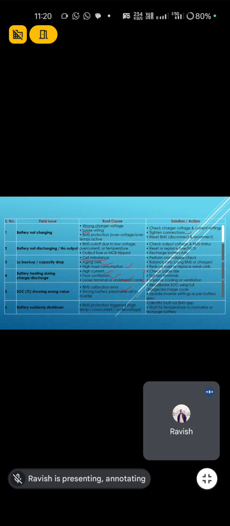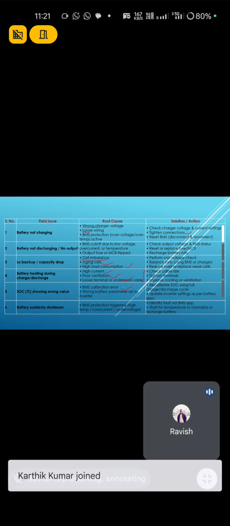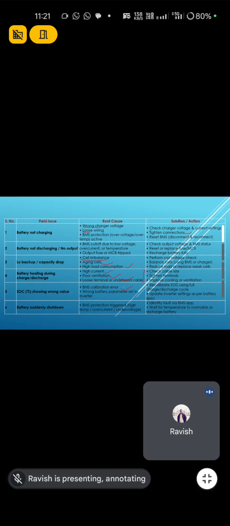If the setting is not according to the battery, then your SOC and the backup will not be given properly. Then you have to check the charging voltage and current in the inverter, and it should be set according to the battery.